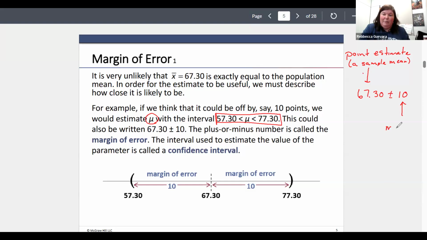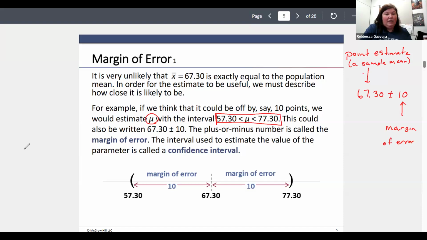And this right here is what we call the margin of error. The whole point of the margin of error is it builds a little bit of wiggle room around that point estimate to try to capture what is really the population mean. Because we're pretty sure the population mean isn't exactly 67.3, but we assume that it's fairly close, because that is the whole idea of doing random samples and collecting means: the majority of the time, they should be fairly close to the true mean.